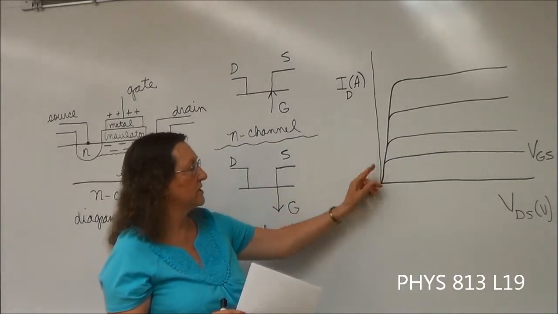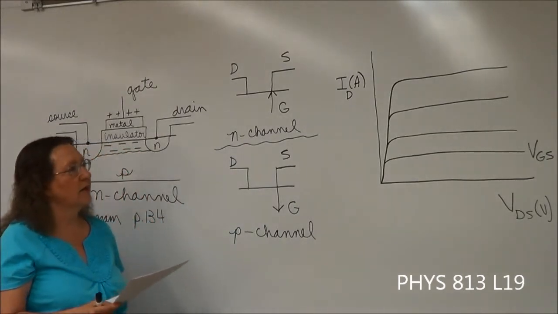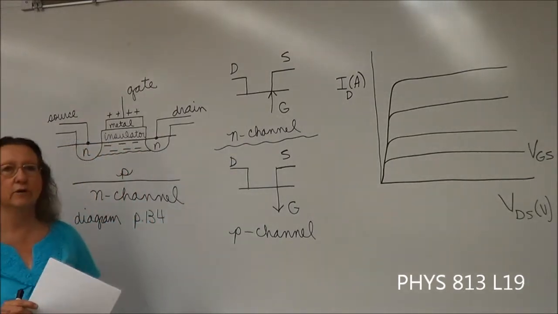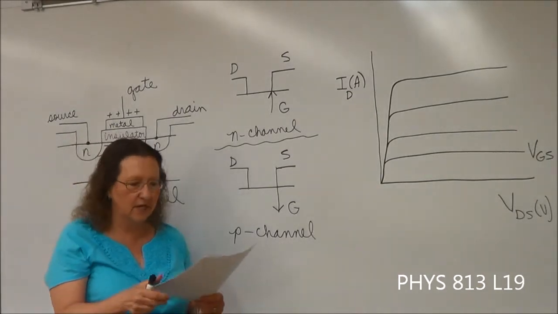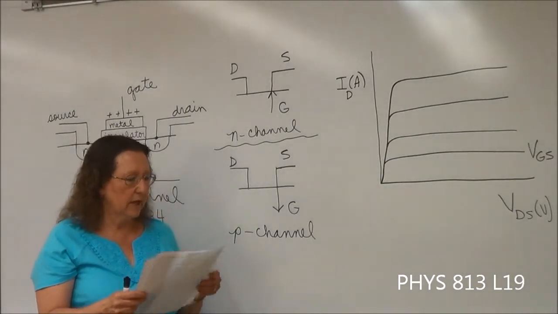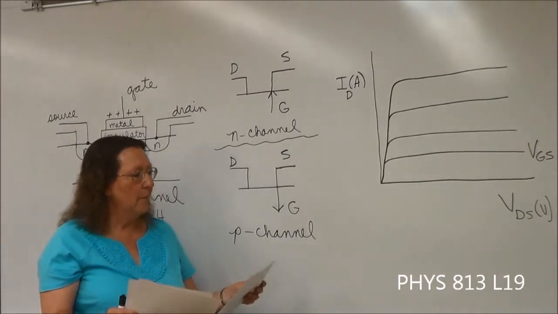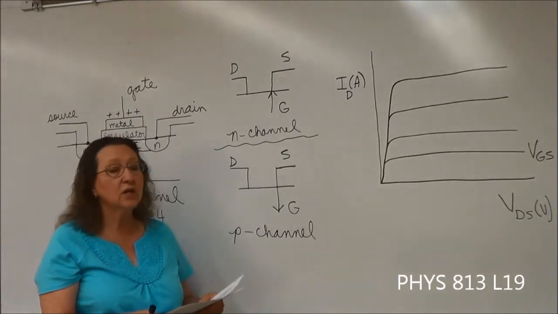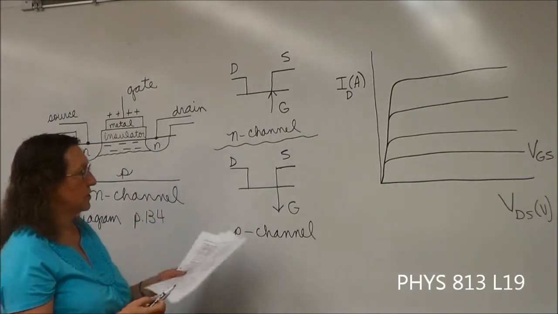All I could get was a linear region. So I decided, well, let's go to the internet. I have been somewhat successful from time to time, although I don't feel like I'm nearly as successful as a lot of students are. But I looked up this particular transistor, and I'll just put it down here.